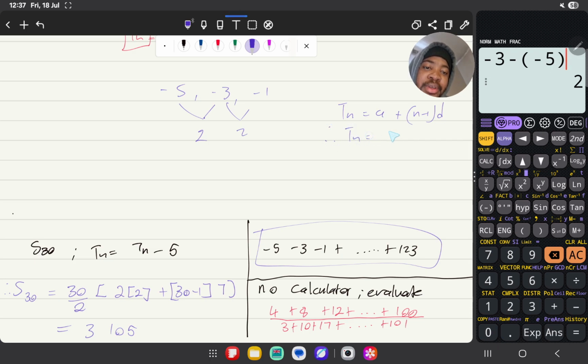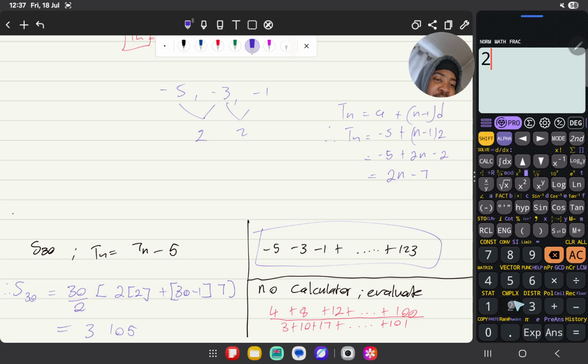Therefore Tn is gonna be minus 5 plus n minus 1, and then I have d, which is 2. Minus 5 plus 2n minus 2, then that is 2n minus 7. Yeah, I think it makes sense. 2n minus 7.